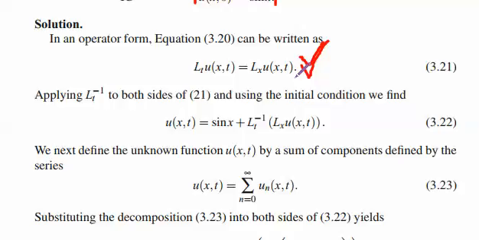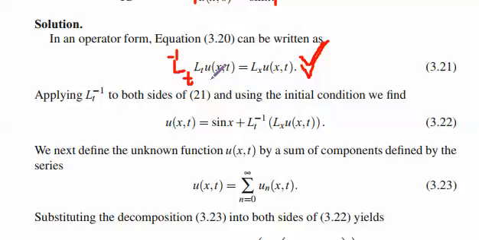So this is exactly the first step of the domain decomposition method. What we are doing after this step, we assume that this operator is an invertible operator, and the inverse of this operator exists. So applying the inverse operator L_t inverse to both sides of the above equation, and using the initial condition we find. Once you apply the inverse operator on this equation, this inverse operator should be in terms of t, not in terms of x.